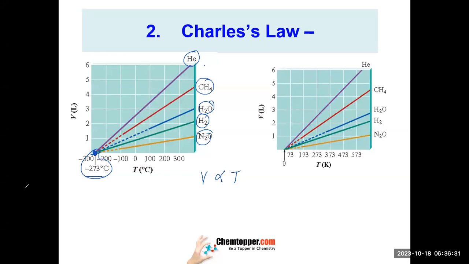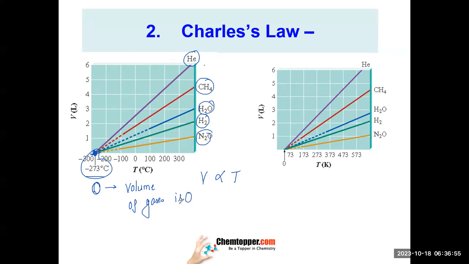What is this point called, Arjun? Zero, yes, it is zero. And what is the meaning of this zero? That volume of gases is zero. Do you think this is correct?